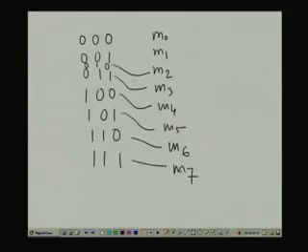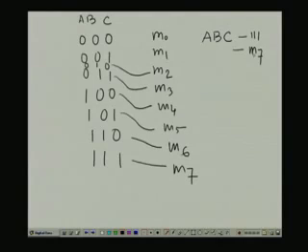Now, if the variables are A, B, C, then ABC means 111, which is actually m7.